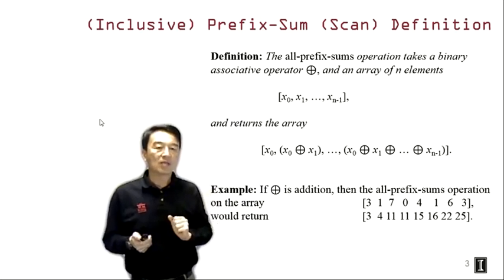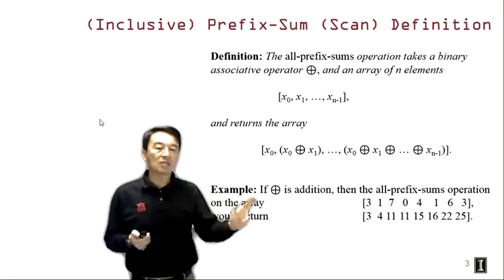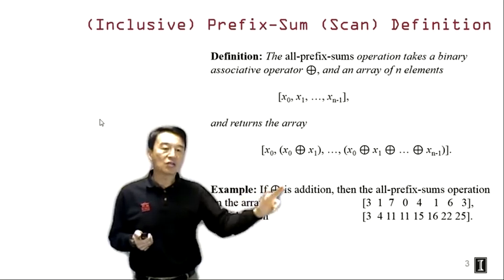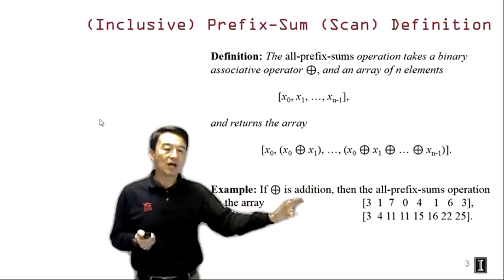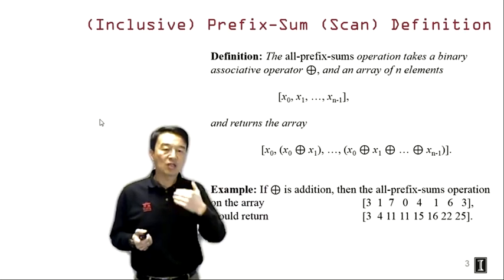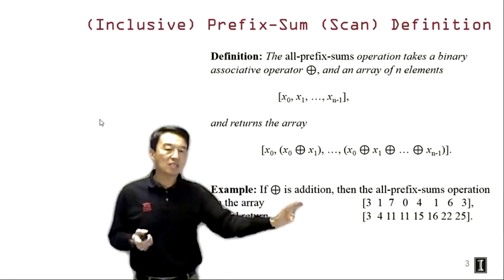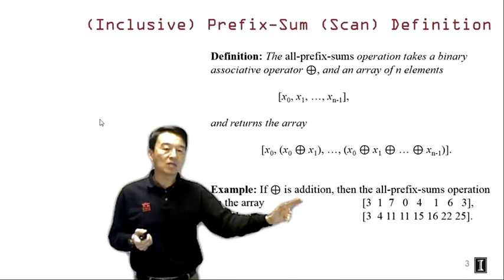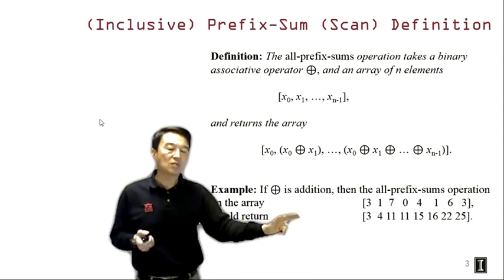A concrete example is that we can do an addition operator on a sequence. If we use addition, the scan is applied with these addition operators. Let's say the input sequence is 3, 1, 7, 0, 4, 1, 6, 3, and the application of addition scan to that sequence will generate a new sequence.